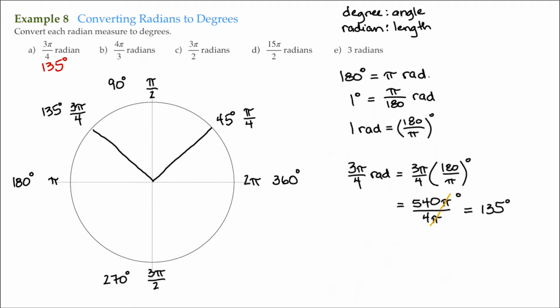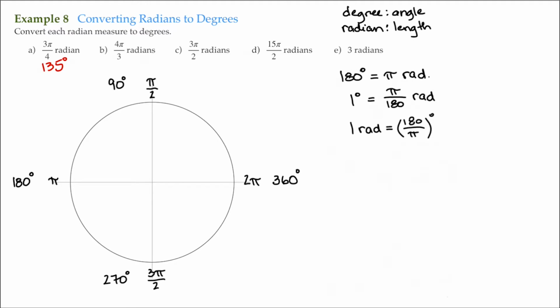Let's try B. 4 pi over 3 radians. So keep in mind that 60 degrees is pi over 3.